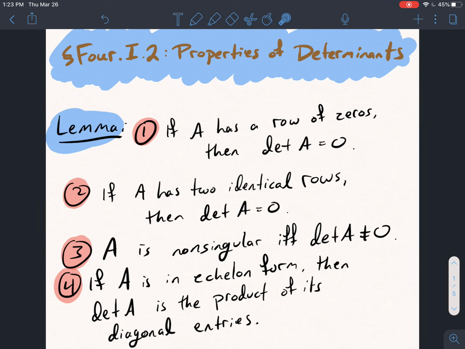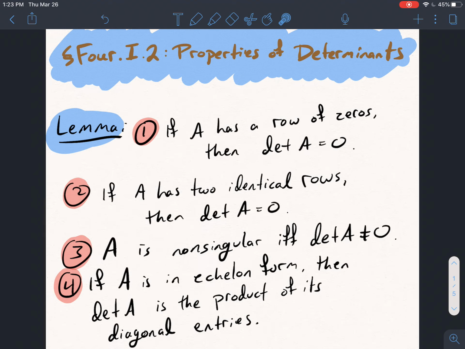It basically is telling you that you don't have to row reduce it all the way to the identity matrix to figure out the determinant. You can just row reduce it to an echelon form matrix, and then look at the product of the diagonal entries in that echelon form matrix to help figure out what your determinant for your original matrix is.